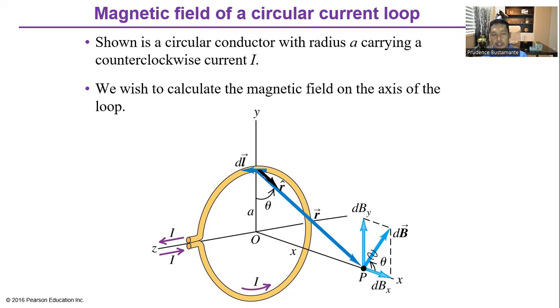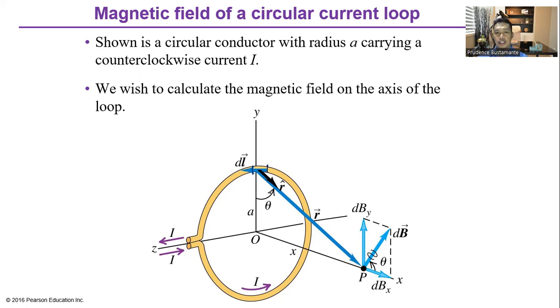So what we're going to do, in this figure, is choose a segment dL in this direction. So dL cross R is perpendicular.